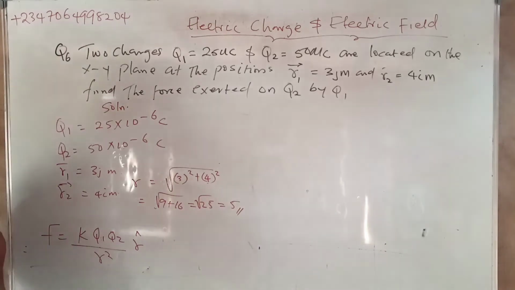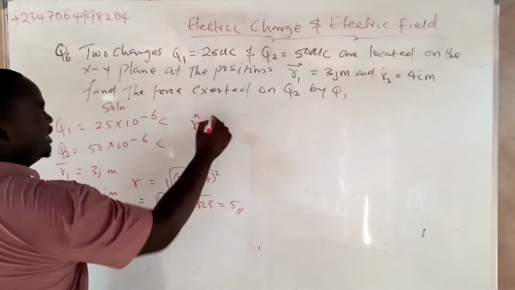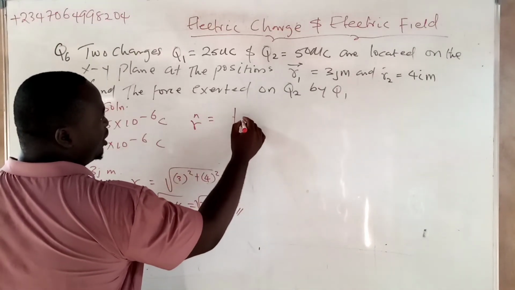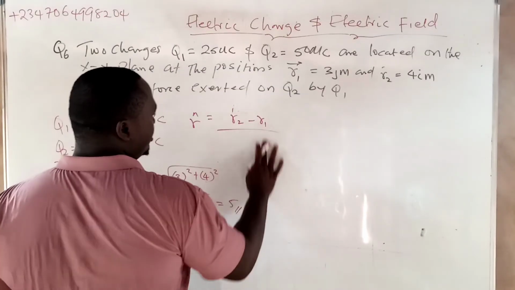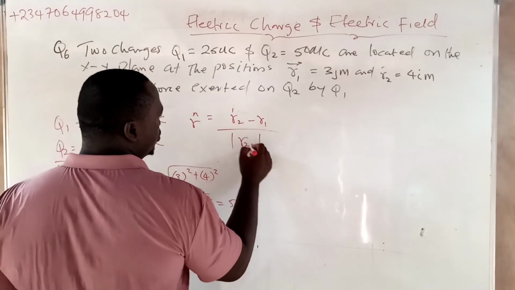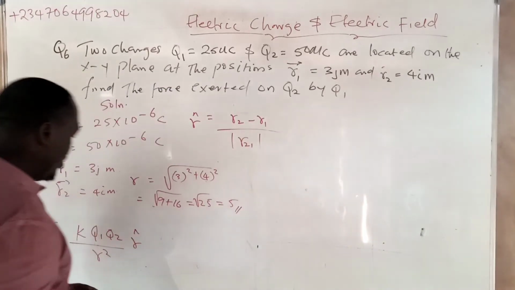So this is how you solve it. And remember, whenever we want to calculate the unit vector, that unit vector of R is first R2, the vector of R2 minus R1 all over the resultant of R2 to 1, since we are going from the R2 to R1. Now look at what I'm saying.